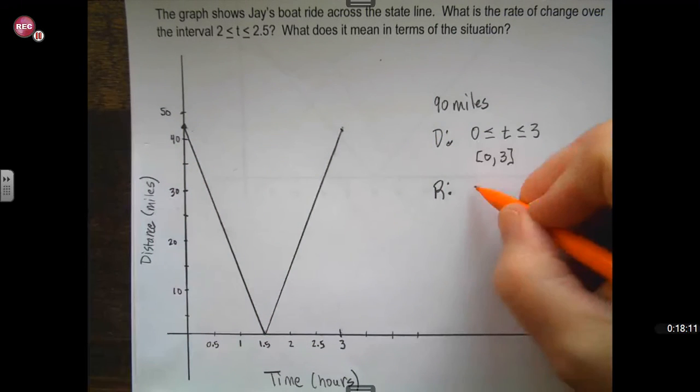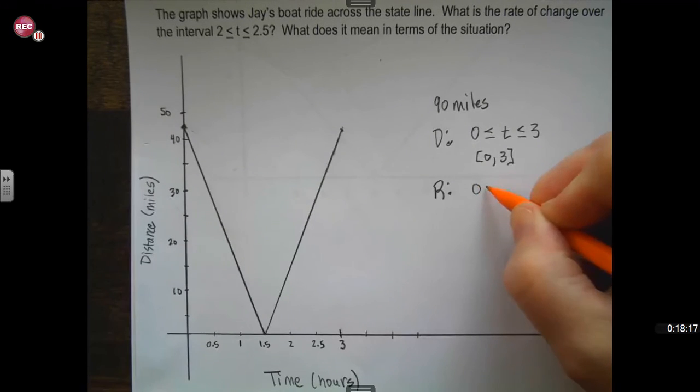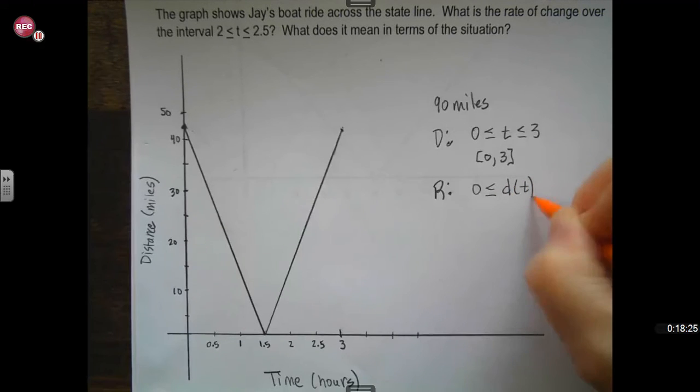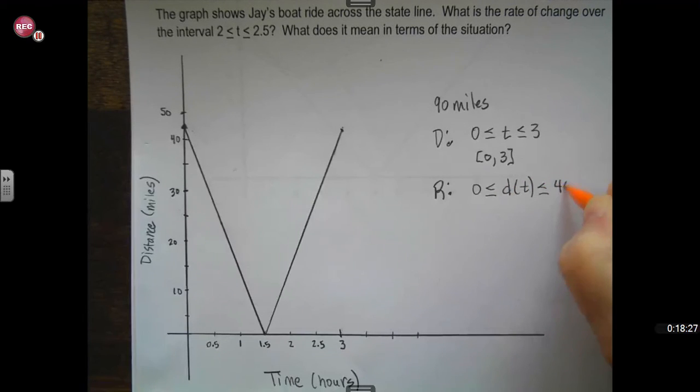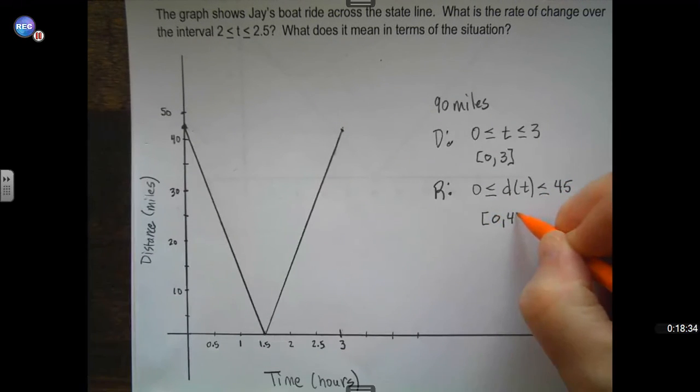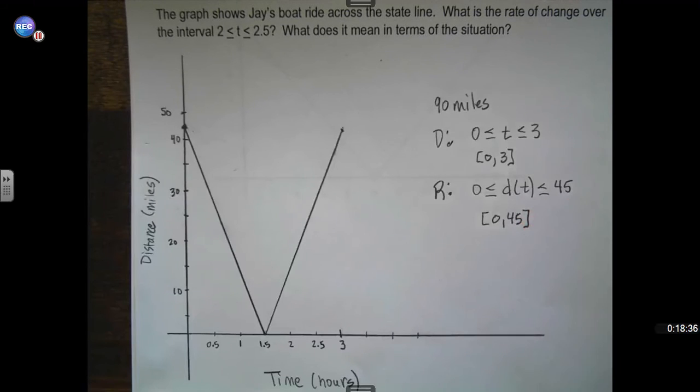Okay, so the range is 0 is less than or equal to d of t is less than or equal to 45. Or if we were using bracket notation, it would look like that.